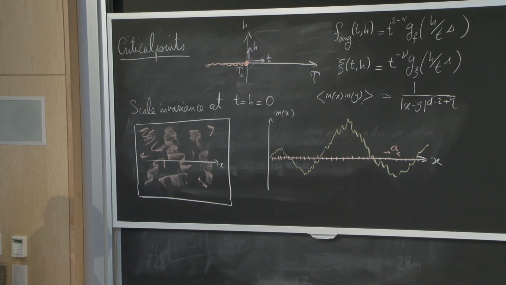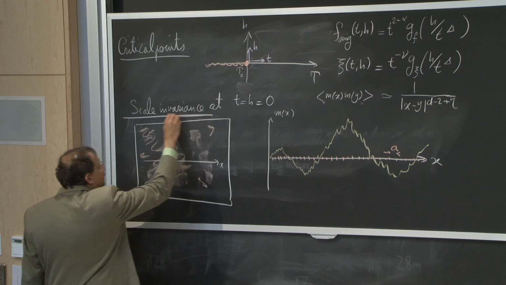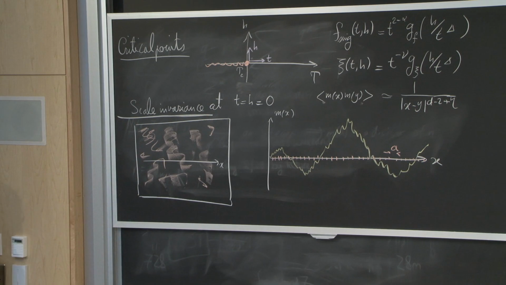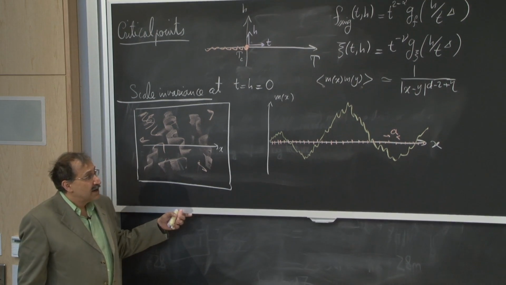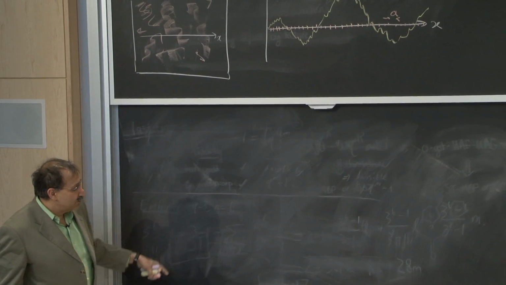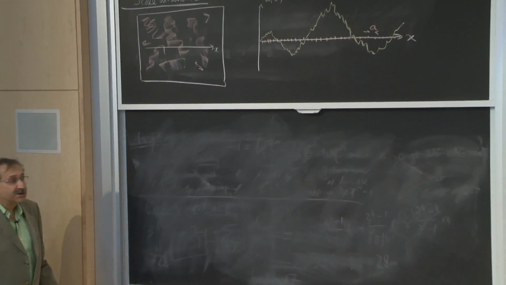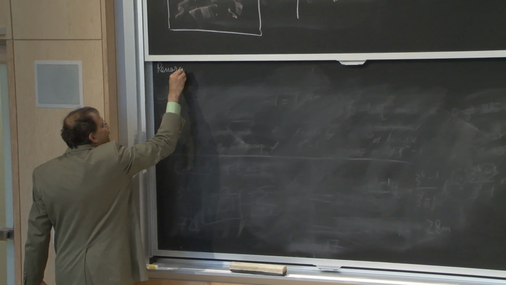Now, I can make this idea of scale invariance of a set of pictures such as this one more precise as follows: by going through a procedure that I will call renormalization that has the following 3 steps.